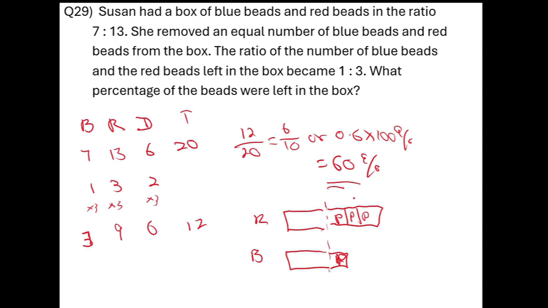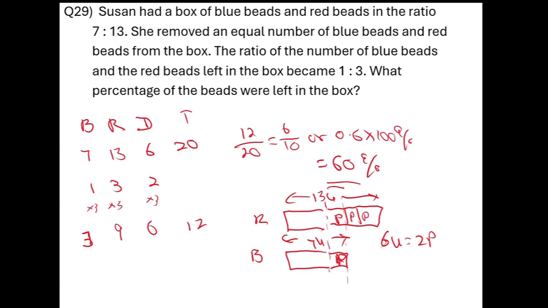Initially this is 13U because it's 13, and this is 7, so I call it 7U. So this whole stretch is 13U, this whole stretch is 7U. From the diagram you can see that this 13 minus 7 has to be 6. So 6U is equal to 2P, correct?